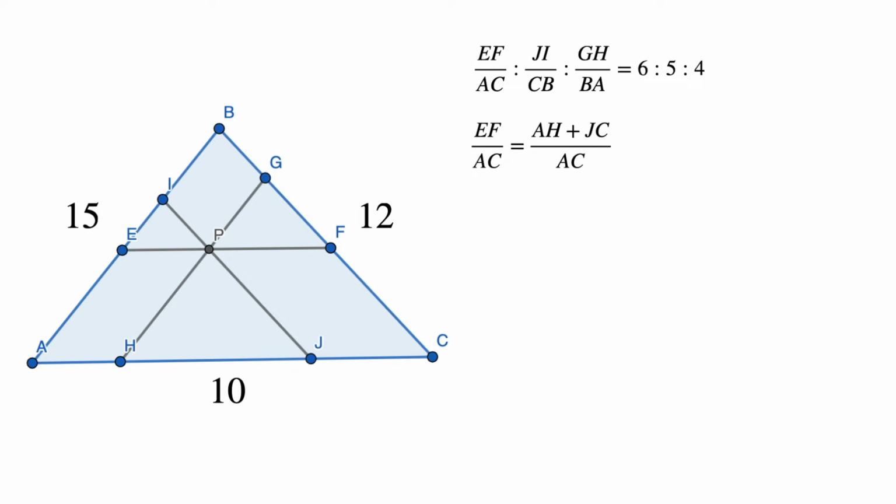Now, you might realize that these two lengths, AH and JC, are two of the lengths that we're interested in, which means we might be able to make more equivalences with the other two ratios over here and change them to something that has the lengths that we're interested in. So for JI over CB, it's a bit different here.